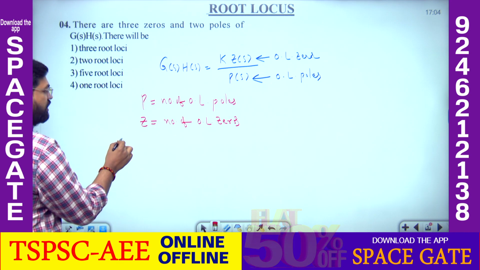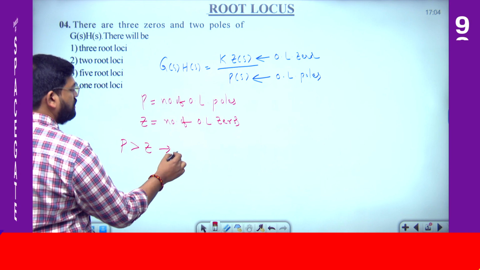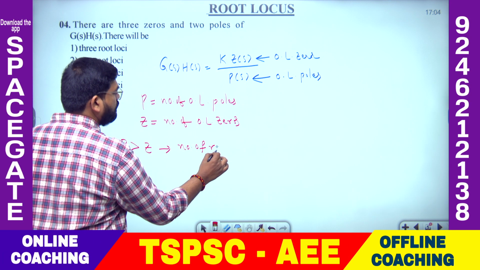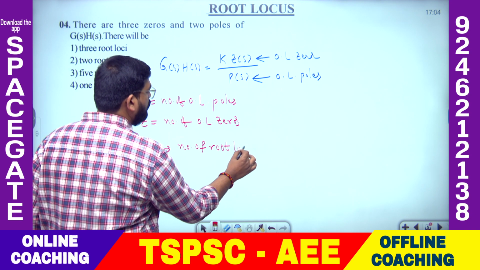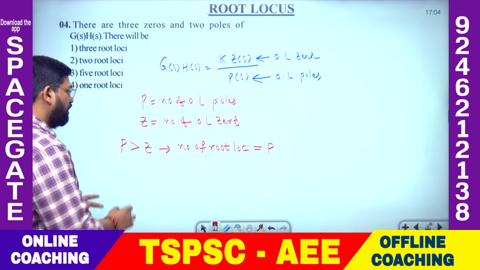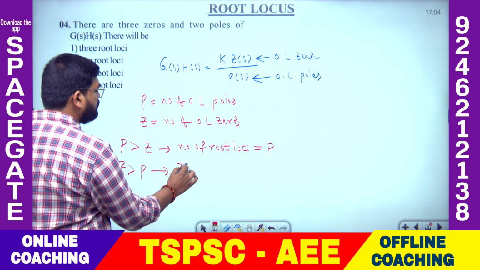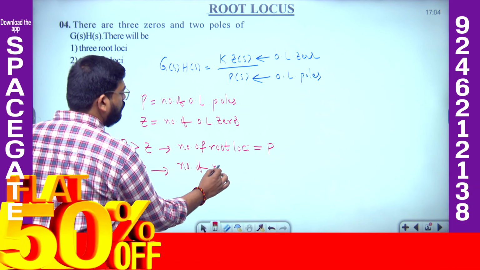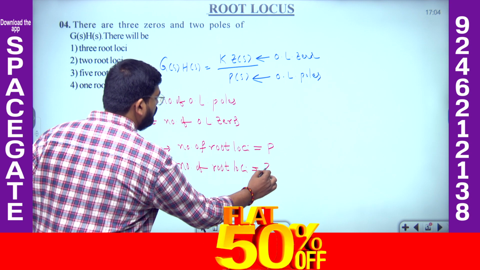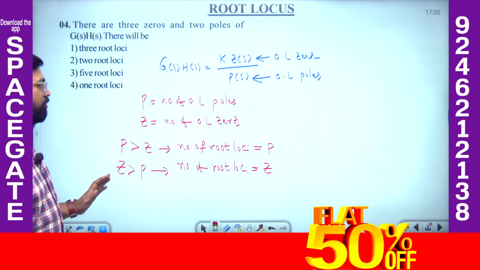right. So, whichever is greater, okay, if P is greater than Z, what will happen here? The number of root locus branches, or number of root loci, is equal to P only. Even if Z is greater than P, the number of root locus branches is equal to Z. Whichever is greater, that will be our number of root locus branches.